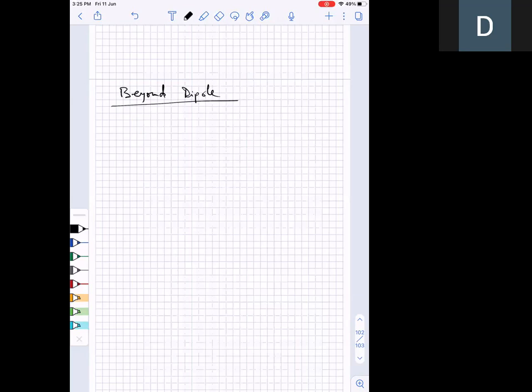So what we could do is write this quantity as follows, where n cap is basically r by r.